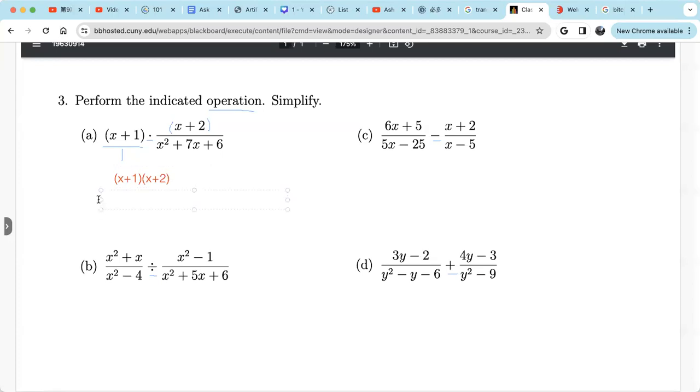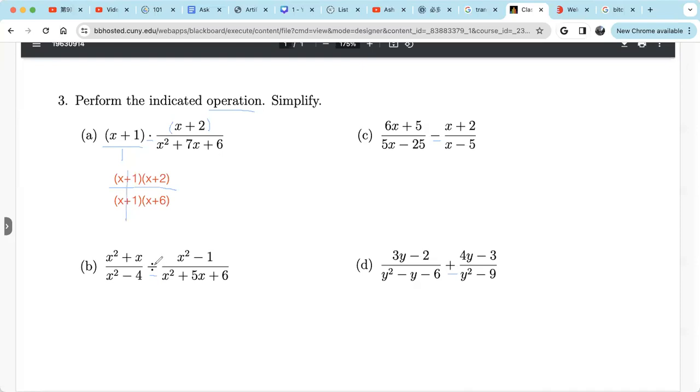And the denominator, x squared plus 7x plus 6, can be factored as x plus 1 times x plus 6, because two factors of 6 adding up to 7 have to be 1 and 6. Now x plus 1 divided by x plus 1 becomes 1. So we're left with x plus 2 divided by x plus 6, and they cannot be simplified further anymore.